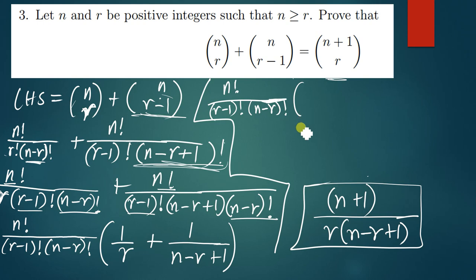And then we open the brackets there. And then the numerator there will be n plus 1. Then the denominator will be r, open brackets, n minus r plus 1. So this is what we have.